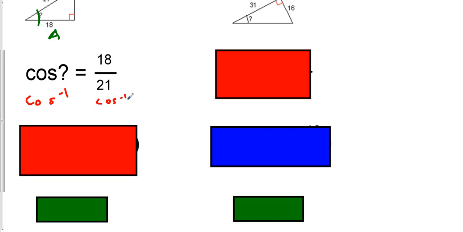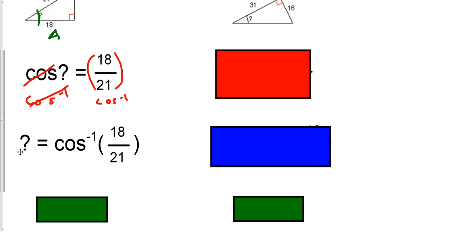This whole ratio is one number, so it's the cosine inverse of all of this. Cosine inverse cancels with cosine, so it's just our angle all alone. Our angle in degrees equals the cosine inverse of, in parentheses, 18/21.